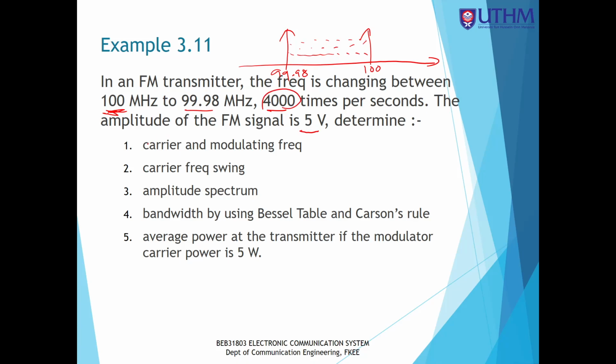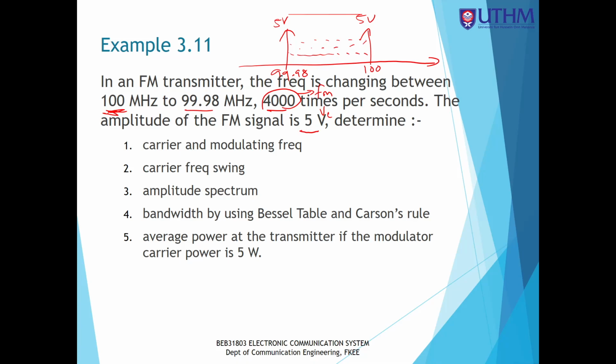And the amplitude of the FM signal is 5 volt. So this 5 volt is actually referring to the VC. And this 4,000 times of fluctuation rate is actually referring to the modulating signal frequency, FM.